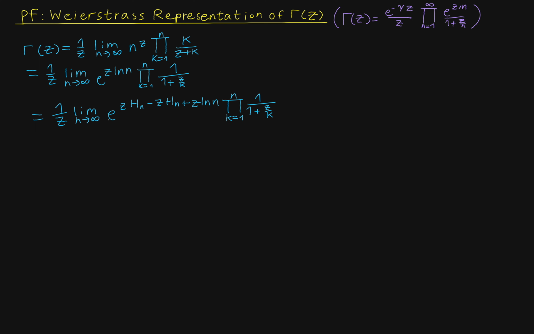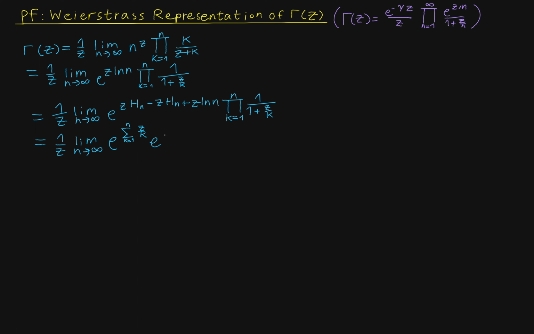And so now we can isolate a product where we're going to get basically the e to the z over n, and then there's also going to be the Euler-Mascheroni constant, right? So we're going to have 1 over z times the limit as n approaches infinity of, so we're going to have e to the, and now I'm going to write this specifically, the harmonic number, as a sum here, like we have k from 1 to n of z over k, right?